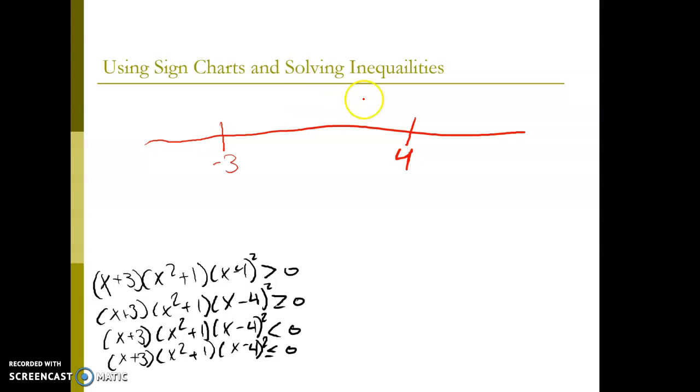Then with these intervals, negative infinity to negative 3, in between negative 3 and 4, and then 4 to infinity, we're going to determine whether the function itself is negative or positive.